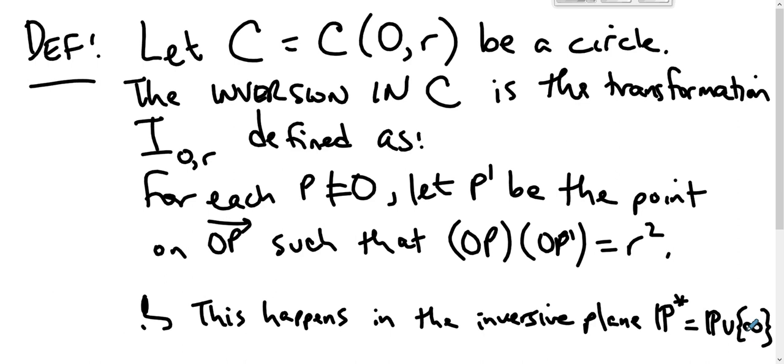And that is necessary because the inversion of the center of the circle is going to be this point at infinity, and the inversion of infinity is going to be the center of the circle. And that sort of completes the plane. It's not enough for us to use the plane. We need this extra point.